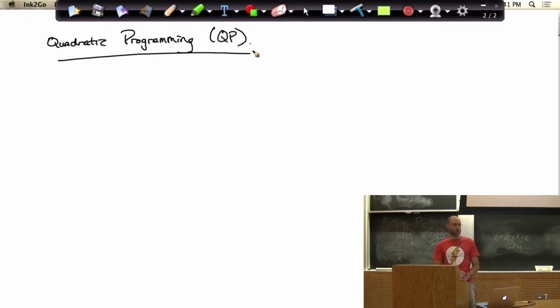A quadratic program is something that I can write down as a minimization of some quadratic function. And I can have linear terms in there too. I could have constant terms, but that would not affect my solution, so I'll leave them out. Subject to linear constraints.